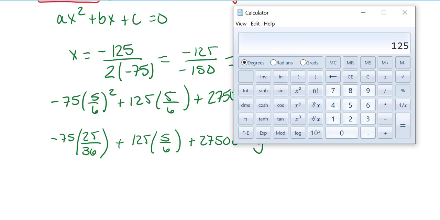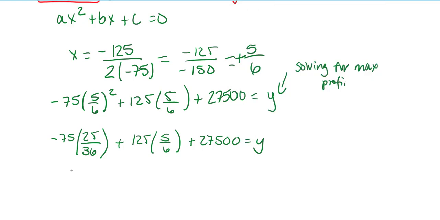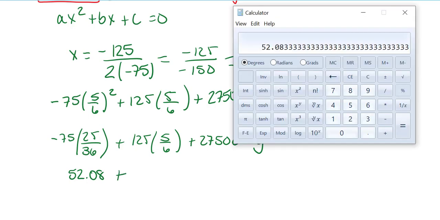Now let's get the calculators out. We have 75 times 25 divided by 36, and we get 52.08. We're going to round to the nearest hundredth because we're dealing with money here. Now we have 125 times 5 divided by 6, and we get 104.17.